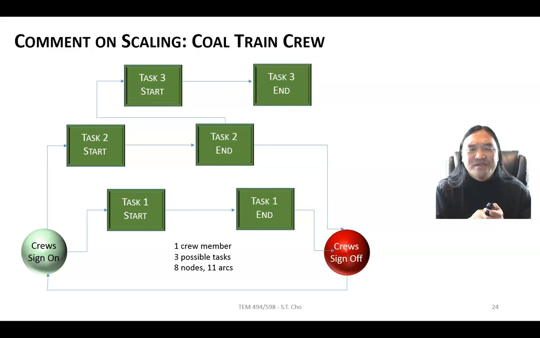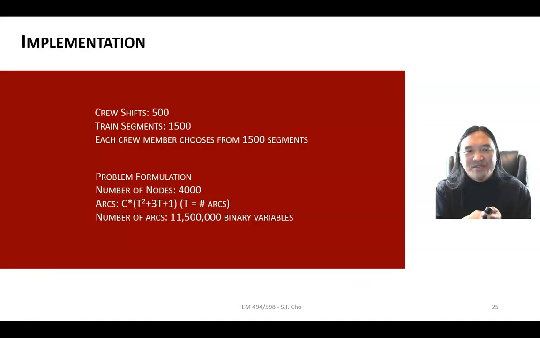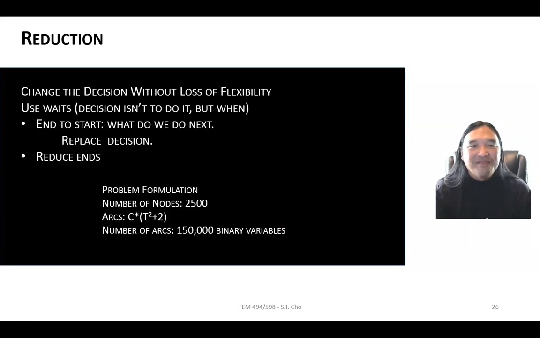And then a crew signs off. So the big thing is task 2 splits off in 2 different directions. You don't know what's going to work. And so when you look at the number of combinations and crews and everything else, and the number of arcs that take place within that simplified structure, it comes out to be 11.5 million binary variables.